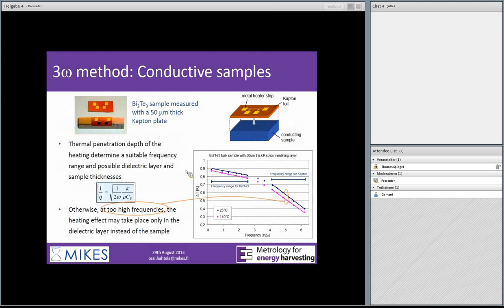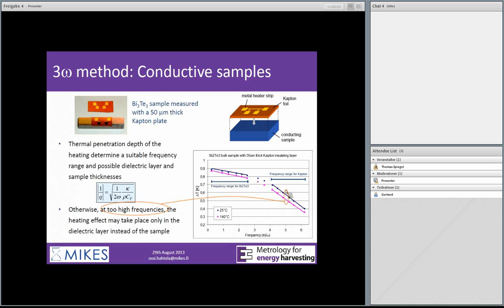This slide shows a measurement of a bismuth telluride sample using a 50 micrometer thick Kapton plate. Here you can see the temperature oscillations measured at two different temperatures. And as I showed you before, the thermal penetration of the heating effect depends on the applied frequency.